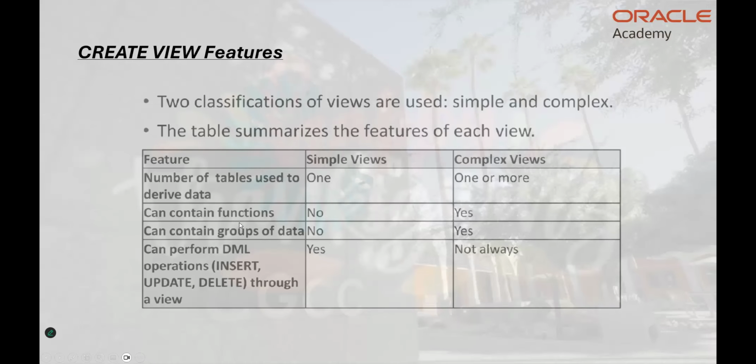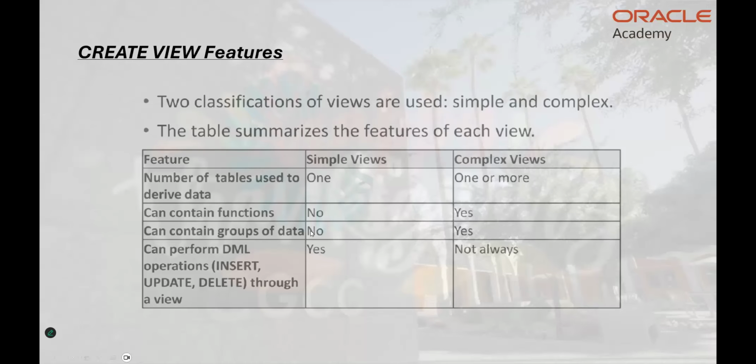There's two classifications of views, simple and complex. I will explain that here in a little bit. And this table summarizes a simple view. Usually it's just one table. We haven't covered functions, but it doesn't contain functions, and it normally doesn't contain groups of data or group functions.